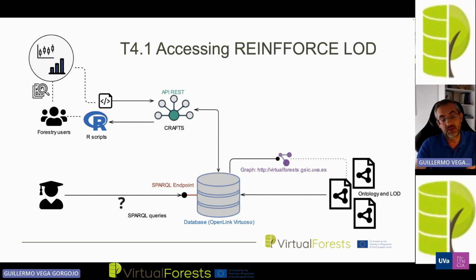In a way, this is good for getting the information that you need without having to craft these SPARQL queries. So that's the infrastructure, and then of course you can have visualization tools like Forest Explorer that you have seen already with Felipe.